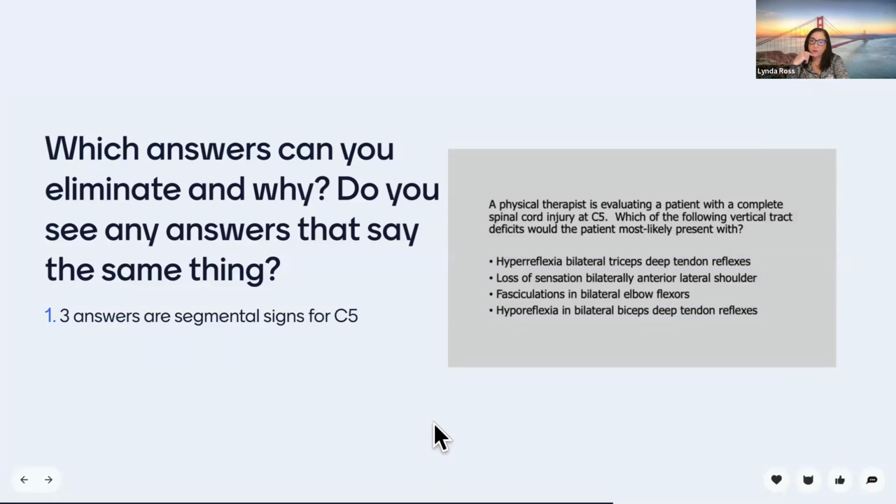Leanne's got that one. Fasciculations. Excellent. So, what is the answer? Right, hyperreflexia, bilateral triceps, deep tendon reflexes.